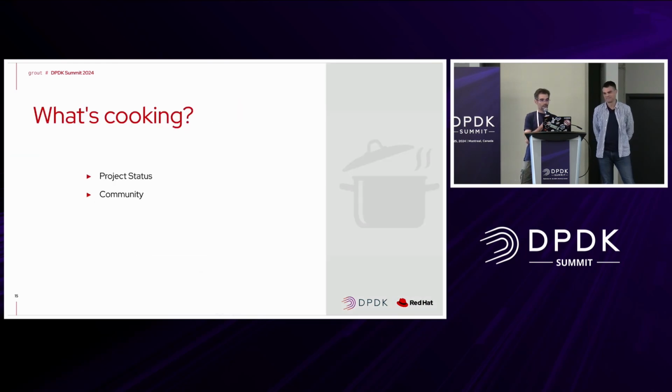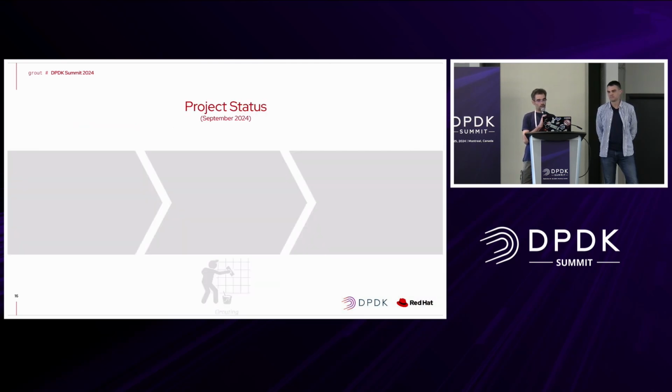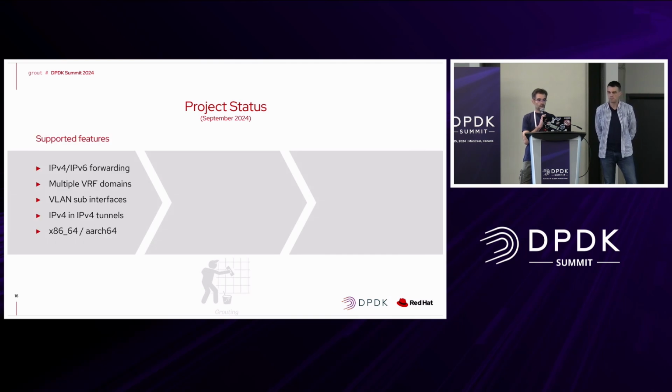So yeah, what's cooking? So as you can see, it's a POC. It's getting in a good shape. We achieved what was expected at the start, which is it's a layer 3 router. A bit more features were added, like VLAN sub-interfaces, because it was easy to add, and it proved that it was easy to extend.